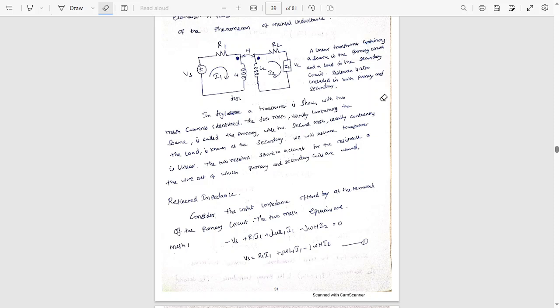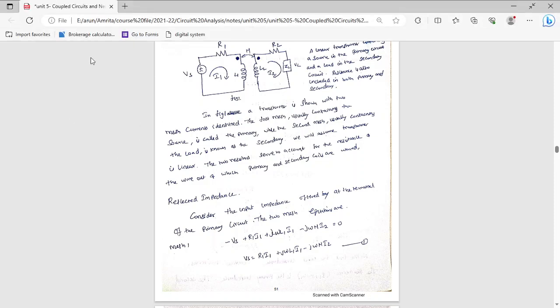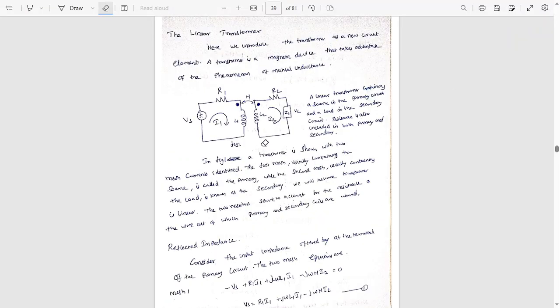So we can start with minus Vs. Not minus V1, minus Vs. The source voltage is considered as Vs here. So minus Vs plus R1 times I1, and there is a self-induced voltage across the inductor.